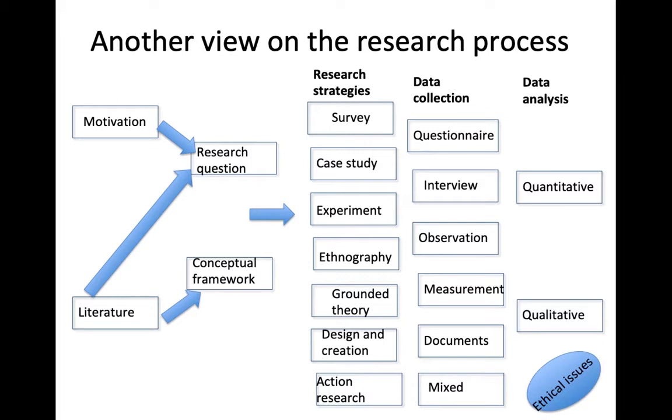This chart shows that the research questions have been defined and the conceptual framework selected, and that the next steps are these three main issues: selecting the research strategy, and here we have examples of several research strategies and several data collection methods. And for the data analysis, we have these two broad areas in data analysis.